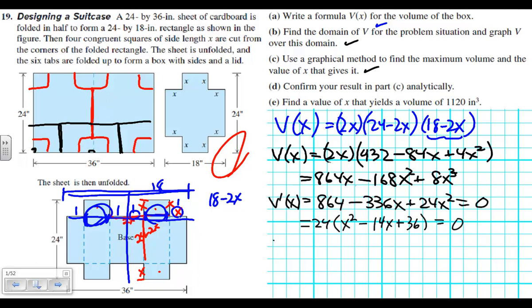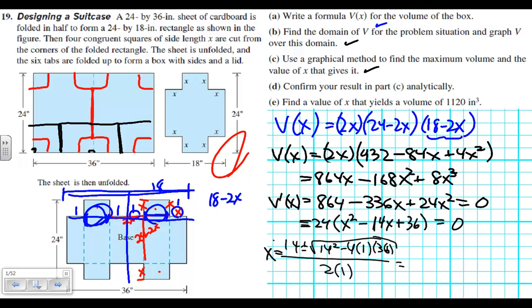Is that factorable? No, it isn't. Okay, so if you set that equal to 0, x is going to equal negative b, which is going to be 14, plus or minus the square root of 14 squared minus 4 times 1 times 36, all over 2 times 1.